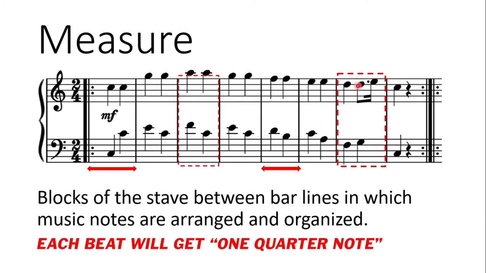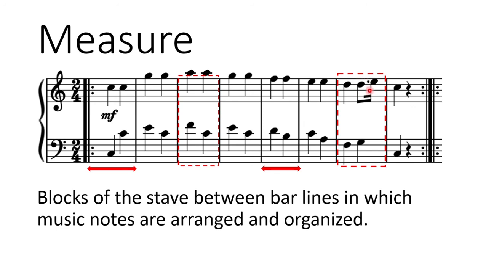We will dive deeper into this later and understand why we have 3 over here, because these are played differently from this. The sound from each of these measures will have a similar pattern, but this measure here will sound differently, and this place has only 1 quarter note.